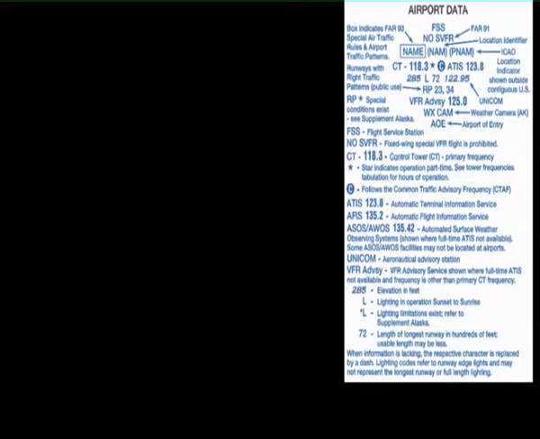From the CT TAC 132.1, we see the control tower frequency is 132.1, and weather information can be found on the ATIS frequency of 120.4. The field elevation is 985 feet above sea level. Standard lighting exists. The longest paved runway is 9,500 feet, and if needed, the Unicom frequency of 122.95.